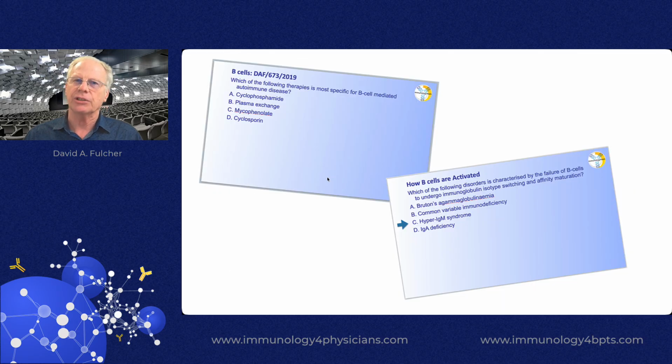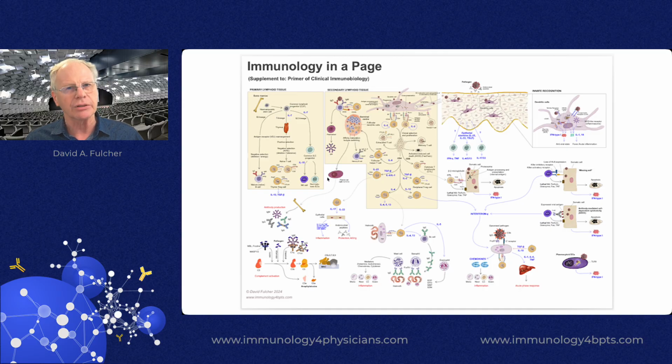At the end of each lecture, we have 3 MCQs just to reinforce the knowledge that we have covered, and I work through the answers with you. And at the end of the course, we do a summary of the entirety of the immunobiology, which I call Immunology in a Page, where we work through this roadmap of the immune response to make sure you've grasped the key concepts.